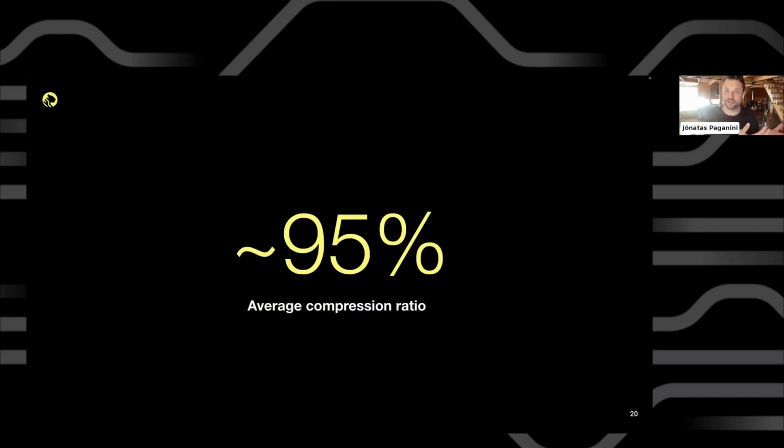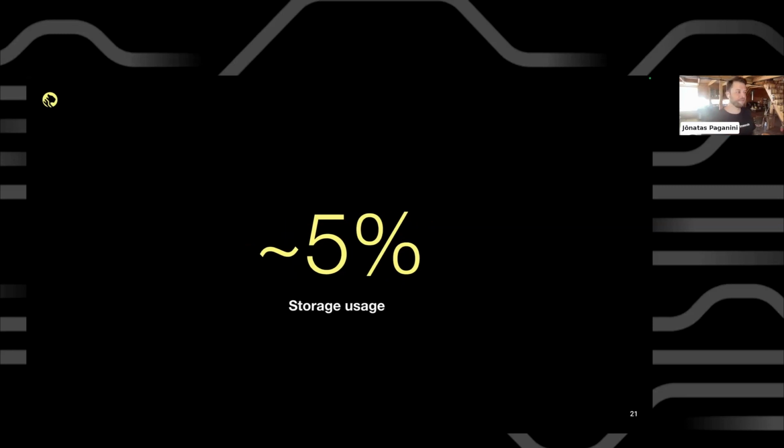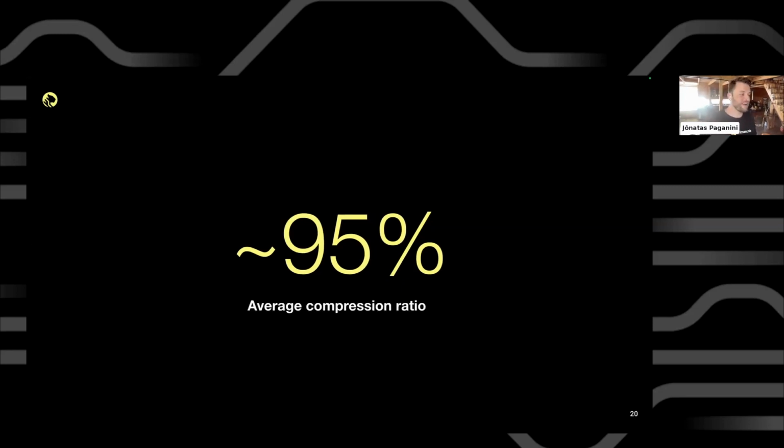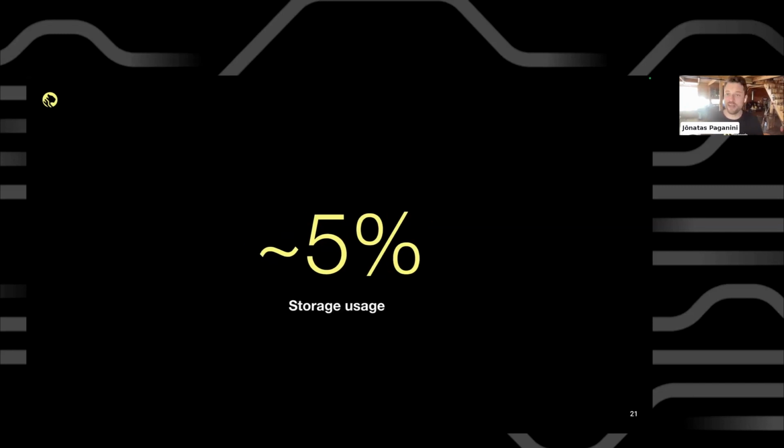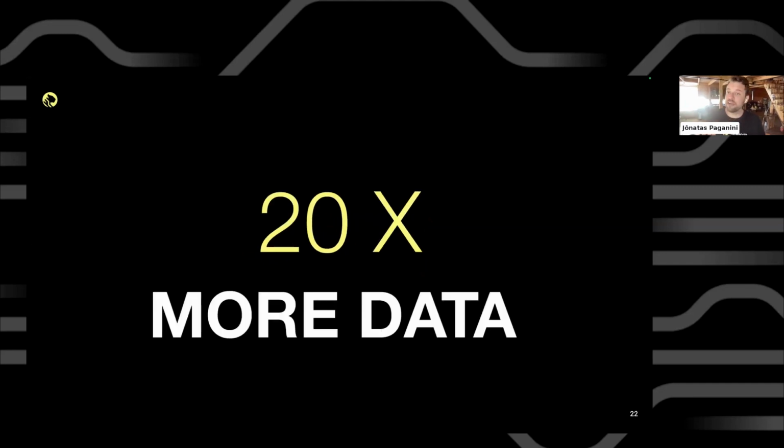So that's why we are here today, to just understand the underlying algorithms that will go over your data. So if we are talking about a 95% compression ratio, it means that we are only using 5% of the storage. So it means that you can put 20 times more data.